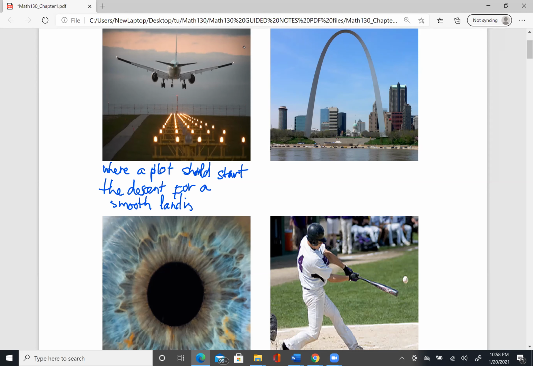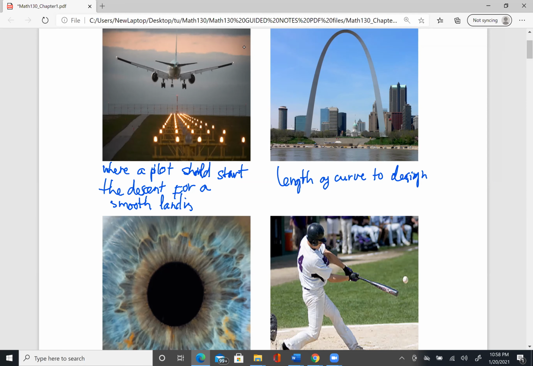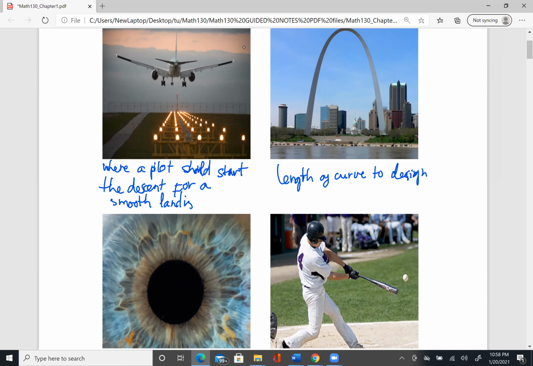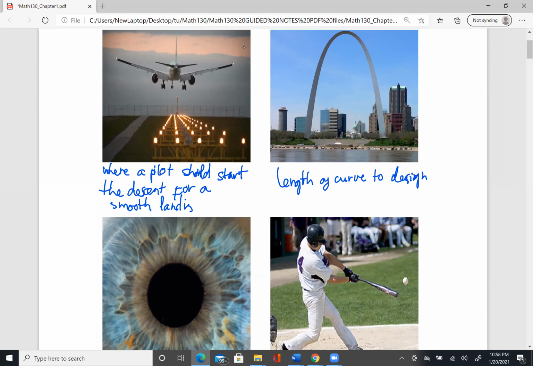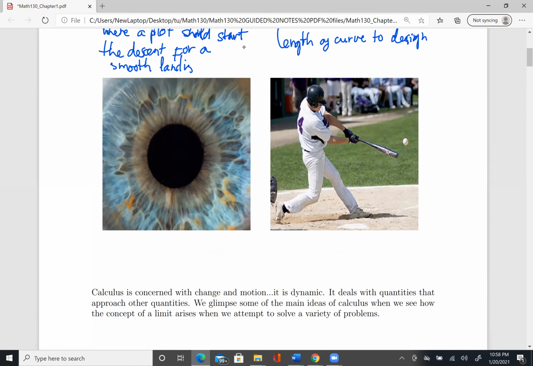And also we're gonna determine the length of curve to design. This is like the Gateway Arch in St. Louis. What is this?